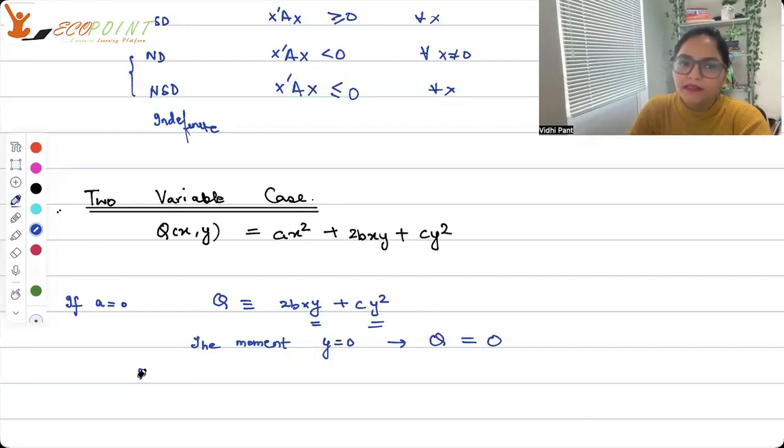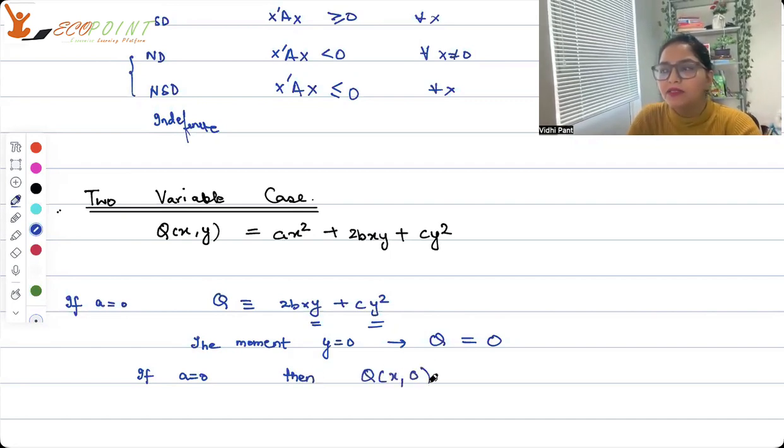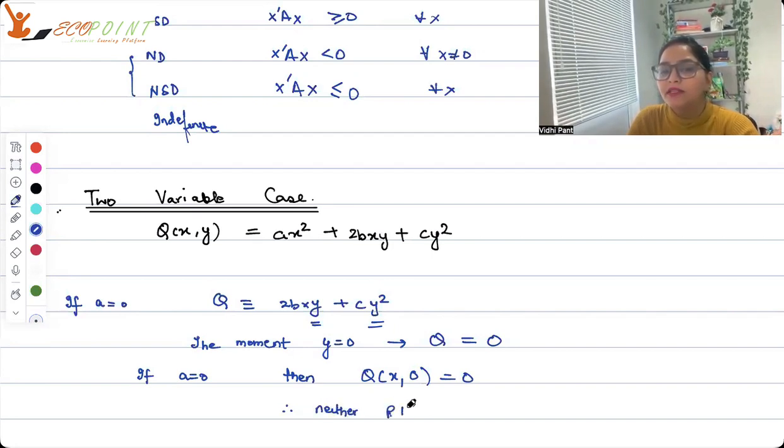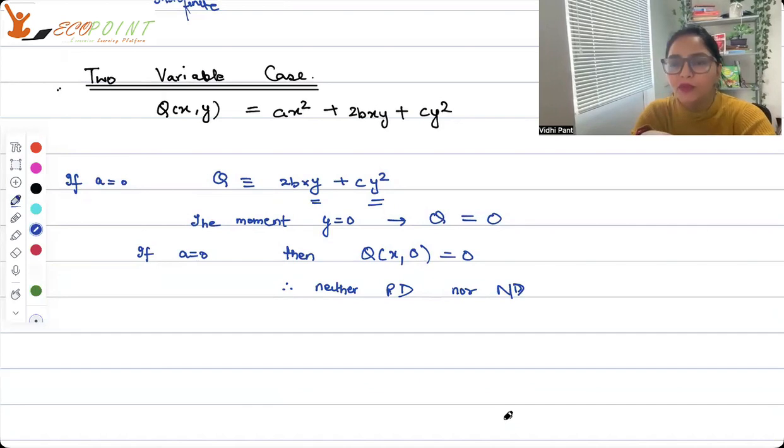That is, if a is equal to 0, then Q of any (x, 0) is 0. So therefore, it will be a case of neither positive definite nor negative definite. What I'm trying to say here is that the moment a is equal to 0, your quadratic cannot be definite.